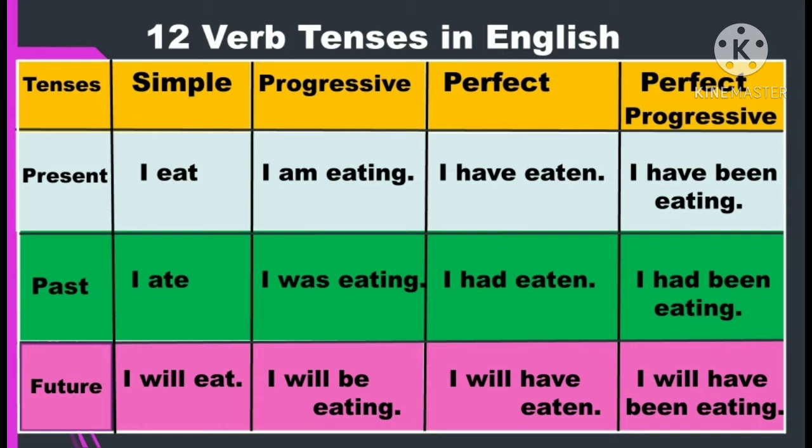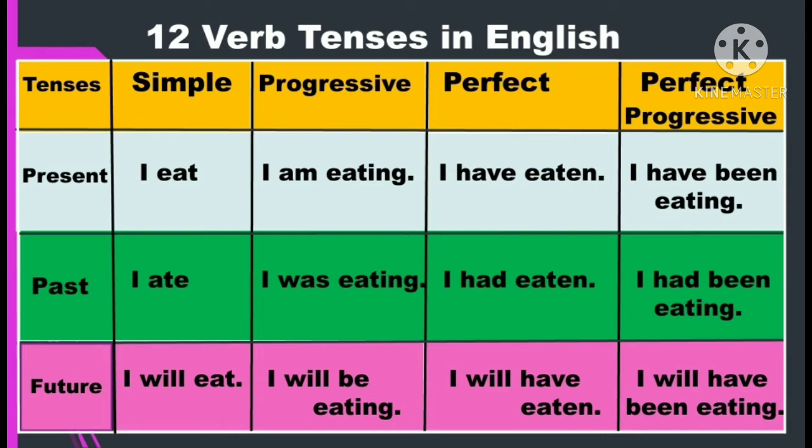The next is simple past tense. Example, I ate. Past continuous tense. Example, I was eating. The next one is past perfect tense. I had eaten. And the last one is past perfect continuous tense. Example, I had been eating.